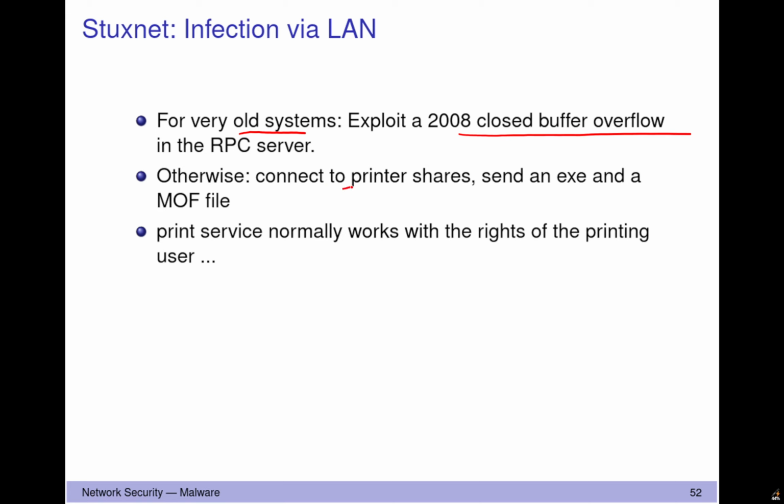Otherwise, there was printer sharing. So what you could do is to use some Windows printer sharing, and you did not really send something to print, but you sent an executable that was attached with some kind of meta information, and that allowed to execute some kind of local action, such as a driver update for the printer.